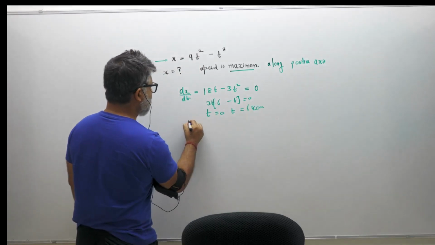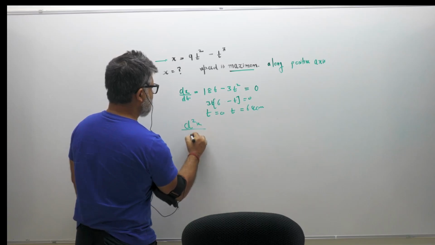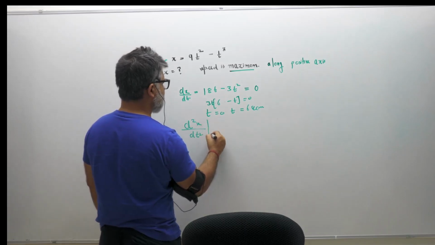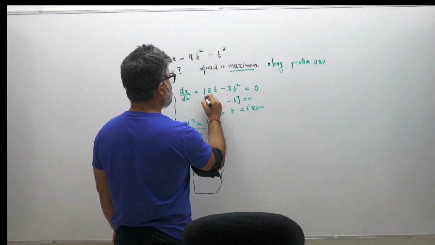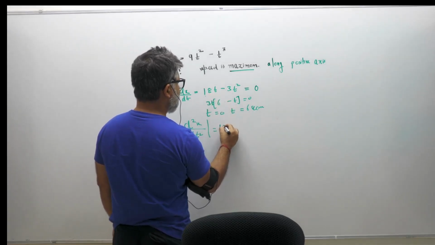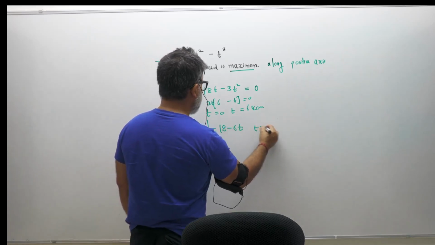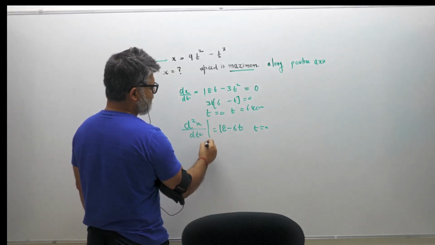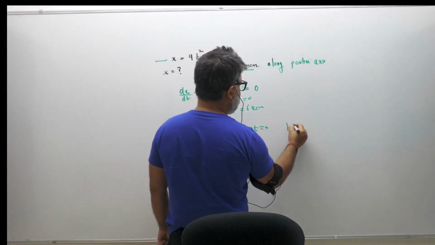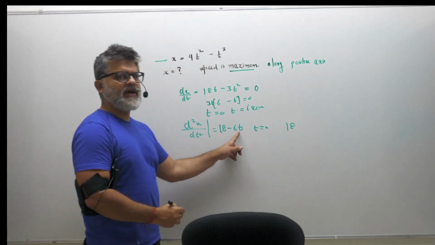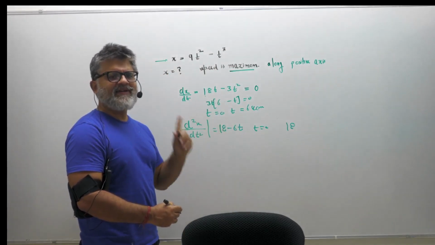Let's take a double derivative to do the double derivative test. We will get the second derivative as 18 minus 6t. If t is equal to 0, the double derivative comes out to be 18, right? You substitute the value here. This is the double derivative test.